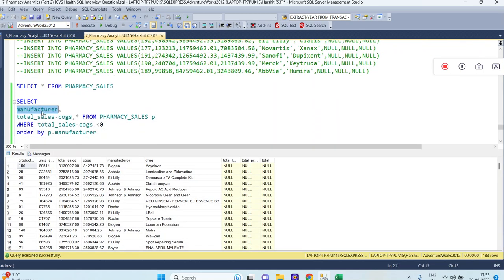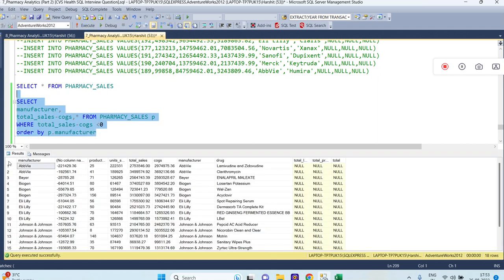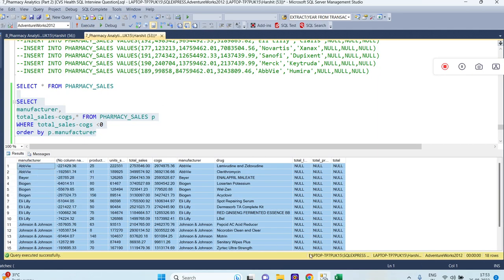So manufacturer, total sales minus cost of goods sold, COGS, from pharmacy sales, and when this value, total sales minus cost of goods sold, is less than zero, it means it is negative, right? And that is considered as a loss. So let me execute this statement and copy this data into the Excel file.